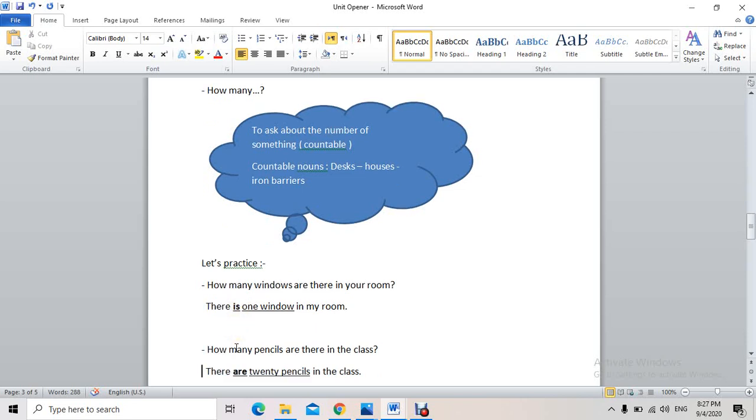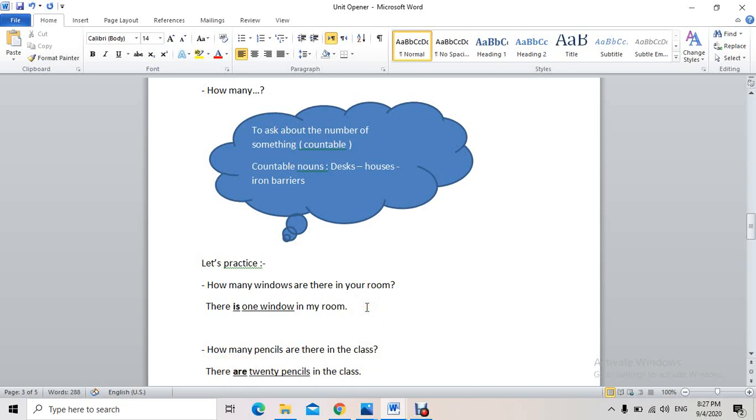If I ask how many pencils are there in the class and there was more than one pencil in the class, let's say plural amount of pencils, like more than 2 or 3, we answer with there are. There are 20 pencils in the class.